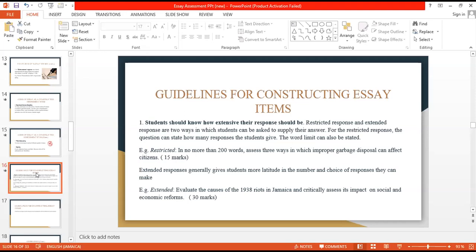Now, based on what I've said about the extended response, looking at this example, do you think we have hit all the nails on the head with the hammer with this example? Is it truly extended or does it show signs of restriction? I'm not seeing, it just says causes. It doesn't say how many causes. It doesn't say how many impacts. It's fine to me.